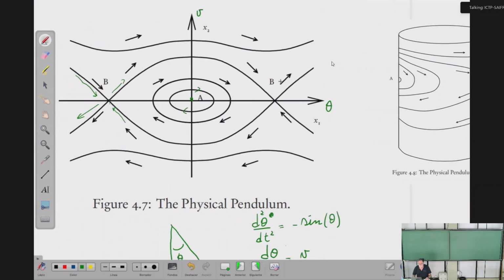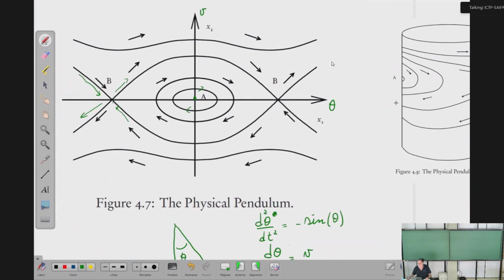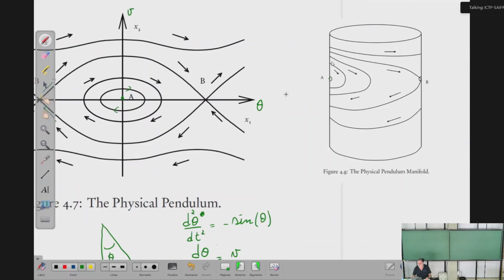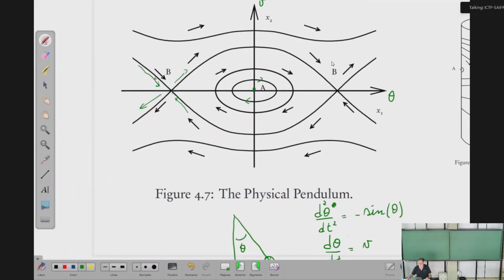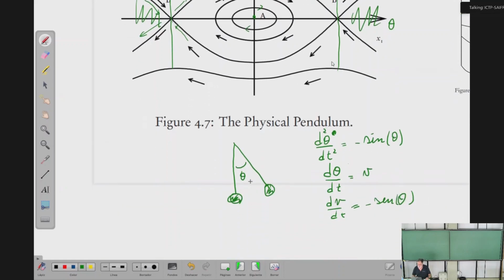So this is a point A, say, here, and the point B is on the other side, and this thing here is the same as this thing here. After this, the line is periodic. So they are the same point.